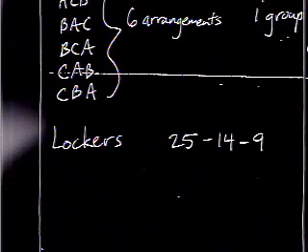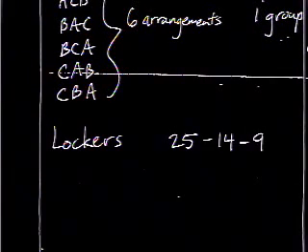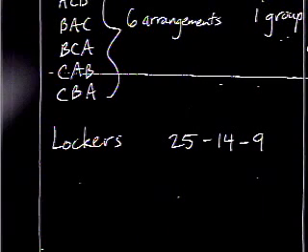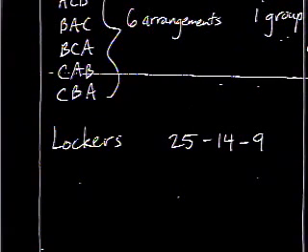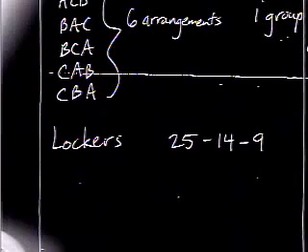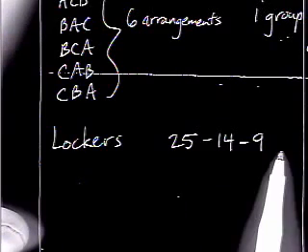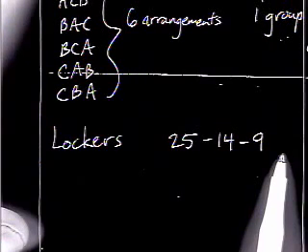Lockers. Lockers are opened with an arrangement of 3 numbers. Now, does the order matter? In other words, could I rearrange these numbers and open the same locker? The answer is no. So, it matters. Order matters, which order I put these in.